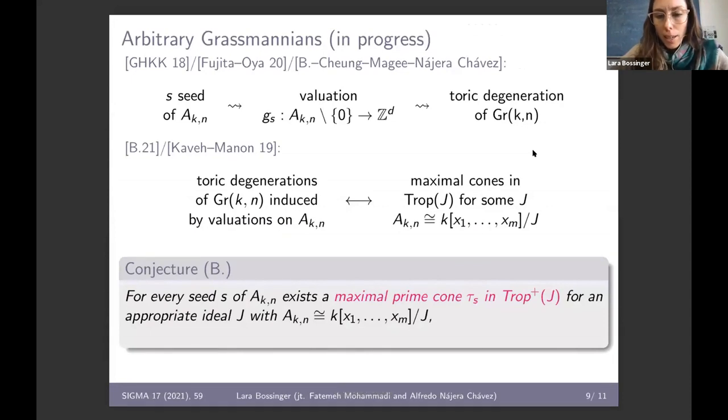So here's a conjecture, I would say like 90% proved, but still not 100%. So I will formulate it carefully as a conjecture.